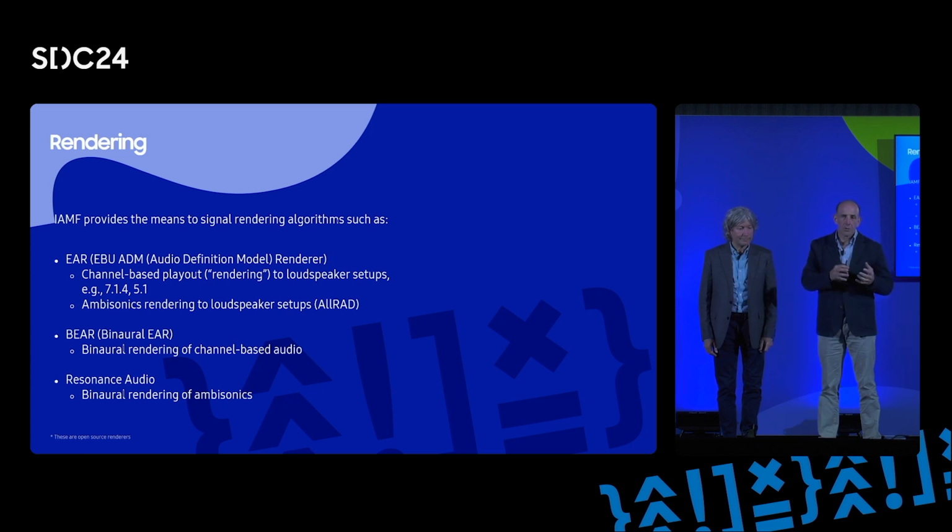There's the Bear renderer, which was developed by BBC Research and is open source, and that supports binaural rendering for channel-based playback. If you want ambisonic playback, there is a technology that Google developed. It was a separate team from our team, but our team contributed to it, called Resonance Audio, and that's a very highly regarded ambisonic audio renderer.